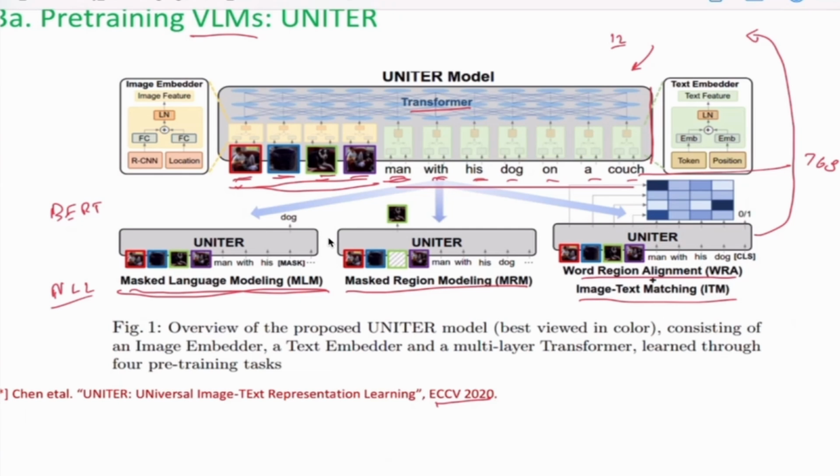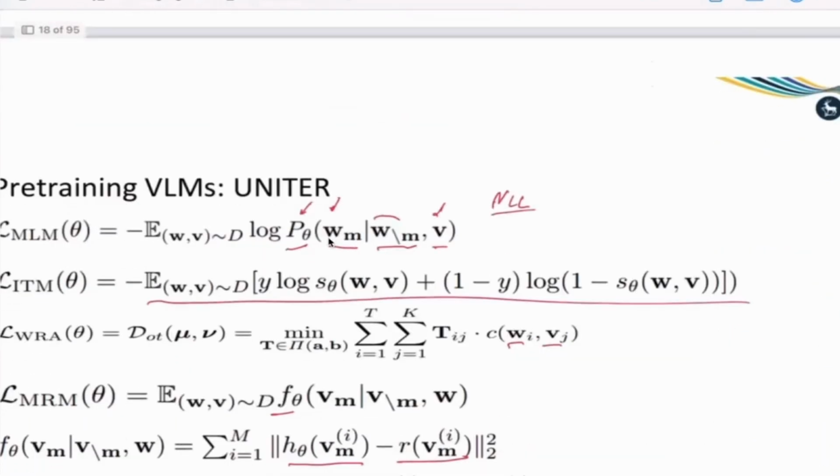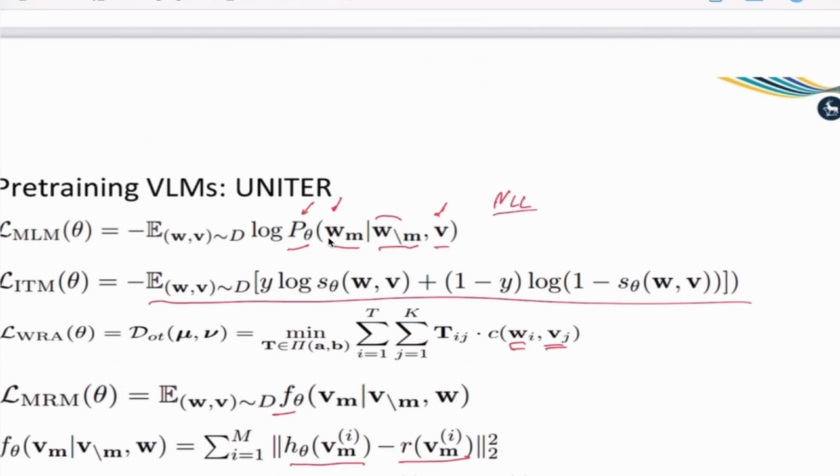So these words are represented by w_i, and the visual regions are represented by v_j, and c_ij is giving you the cost between word and region, and that cost could be as simple as your cosine similarity. You can just take the word representation and region representation and do just the dot product, and that gives you the cost.